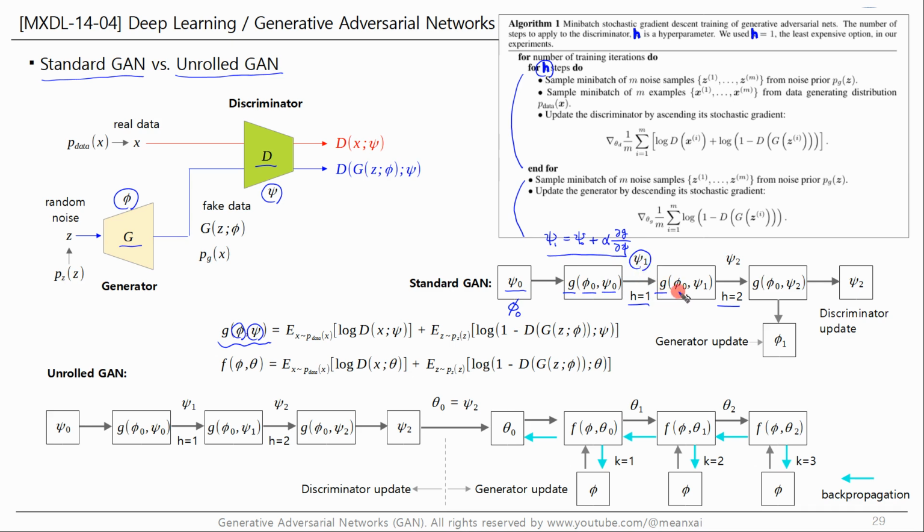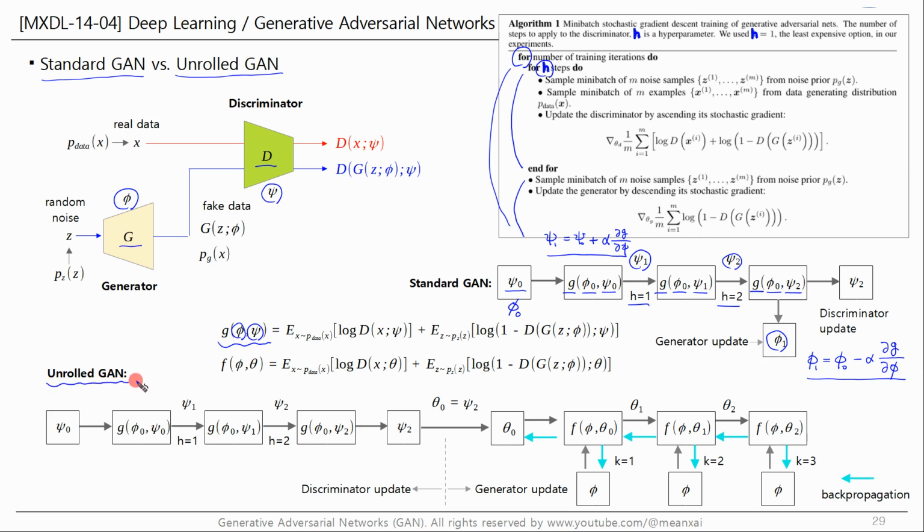Compute the loss g using phi0 and psi1, and then update psi once more using gradient ascent. Then the discriminator parameter becomes psi2. Then we compute the loss g with phi0 and psi2, and update the generator parameter phi once using gradient descent. By repeating this process, a standard GAN is trained.